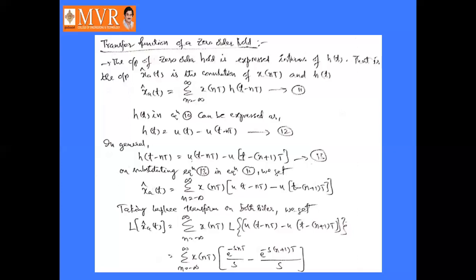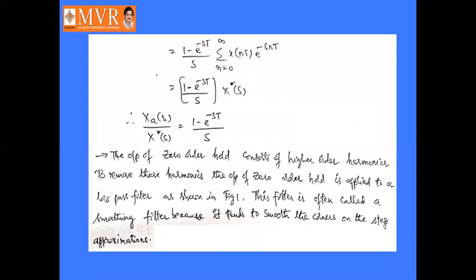Taking Laplace transform on both sides, we get the Laplace transform of x_a(t) is equal to sigma n equals minus infinity to infinity x(nT) times the Laplace transform of u(t minus nT) minus u(t minus (n plus 1)T). So it is equal to sigma n equals minus infinity to infinity x(nT) into the Laplace transform of u(t minus nT), which is e power minus s nT by s, minus e power minus s(n plus 1)T by s.